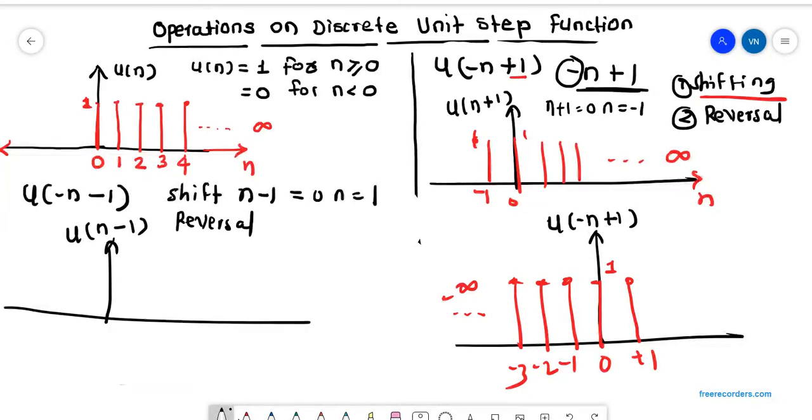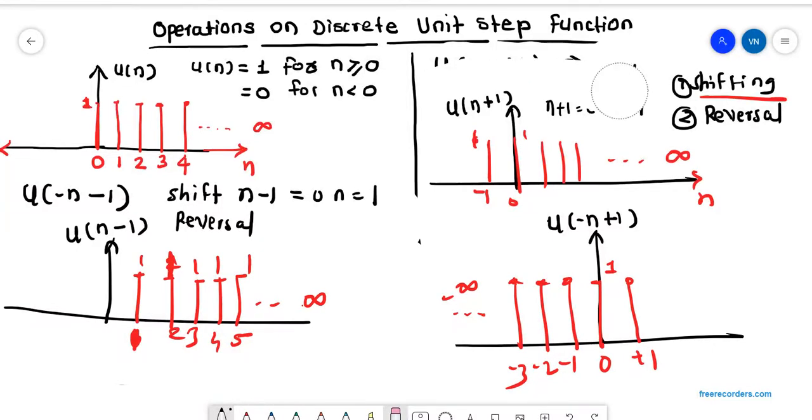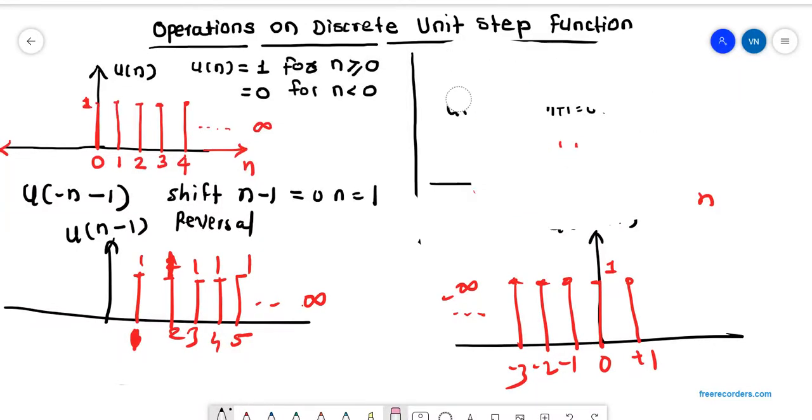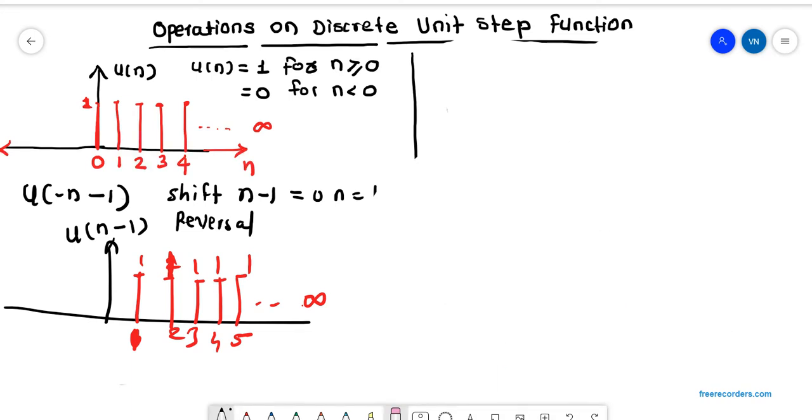First you have to draw u of n minus 1. Whatever the signal is starting from 0, now that signal will start from 1, 2, 3, 4, 5, like this up to infinity. The amplitude is 1 for each and every sample. Okay. Now the second case, you have to reverse that signal. How to reverse? Again the same, just the signal.